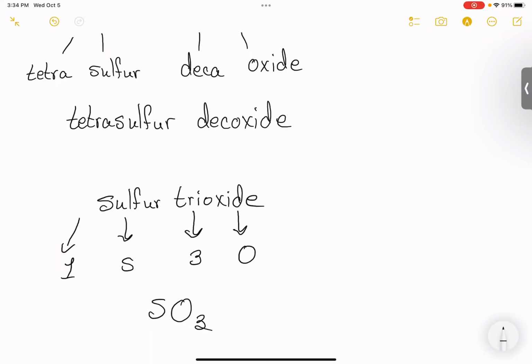But to name it, you just say hydrogen and whatever the other element's name is with the ending -ide. Then we got into the alkanes. The alkanes are carbon and hydrogen only compounds. They have to meet the formula C subscript n, H subscript 2n plus 2. If they don't meet that formula, it's not an alkane.